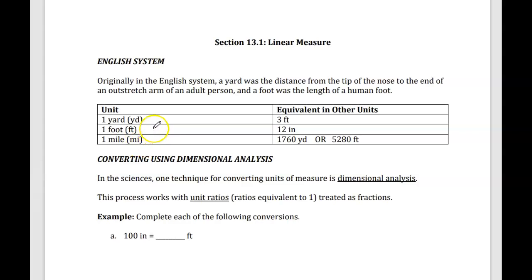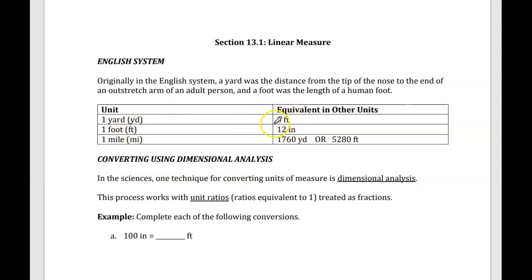Now, sometimes when we have those measurements, we also want to look at, well, I have 15 inches, how many feet is that? Or different things of that nature. And so many of us know that there are 12 inches in 1 foot.